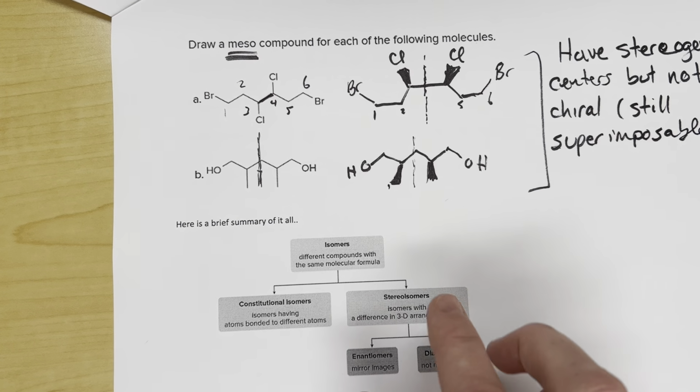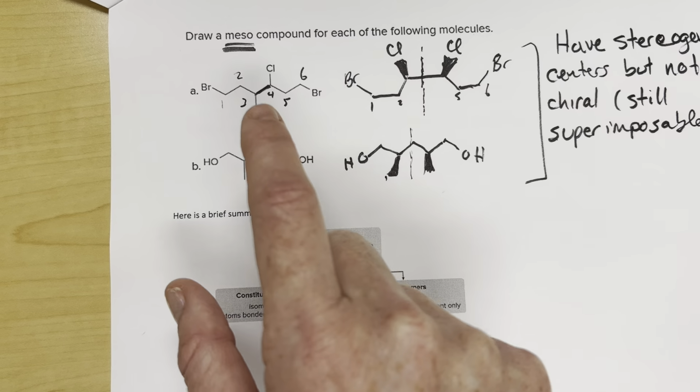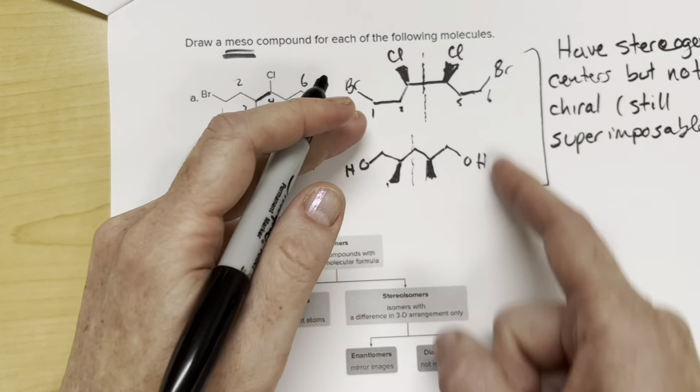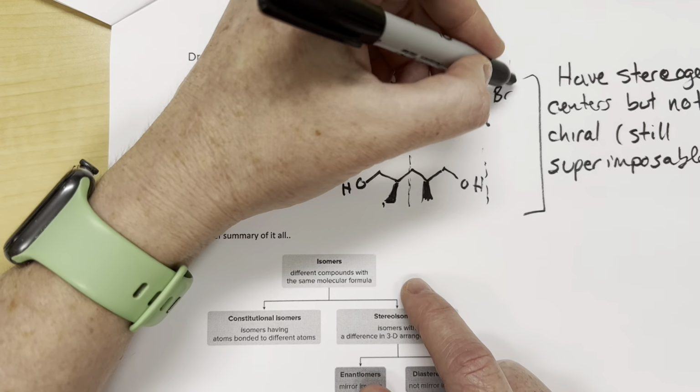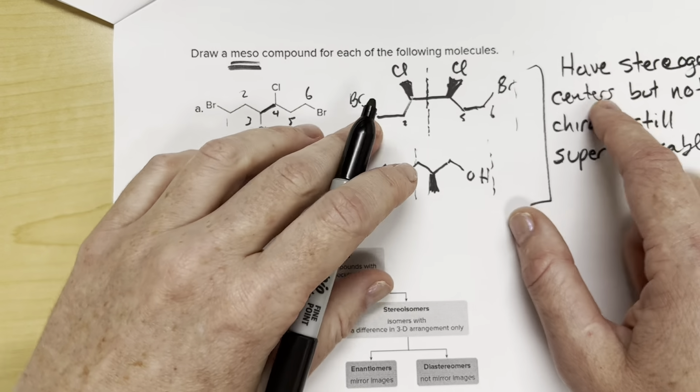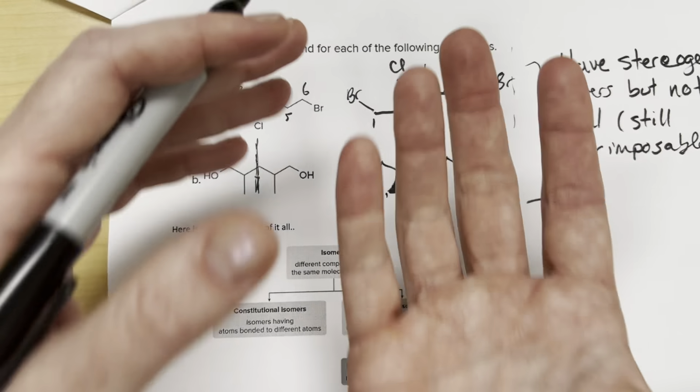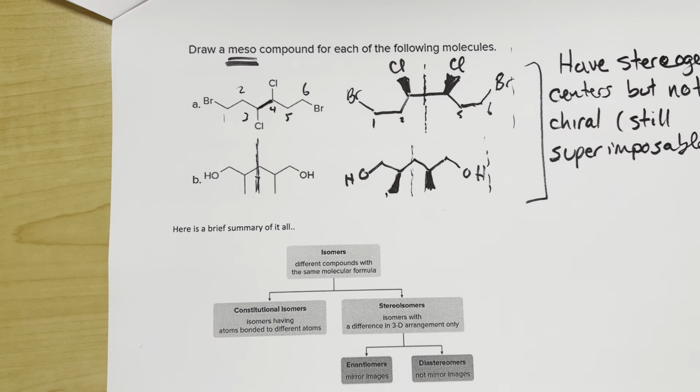So you can still turn this one around and get the mirror image. So if I drew a mirror image of this one, I'd get back the exact same thing. And if I drew a mirror image of this one, I'd get back the exact same thing. That would be superimposable, and you'd have essentially the same molecule.